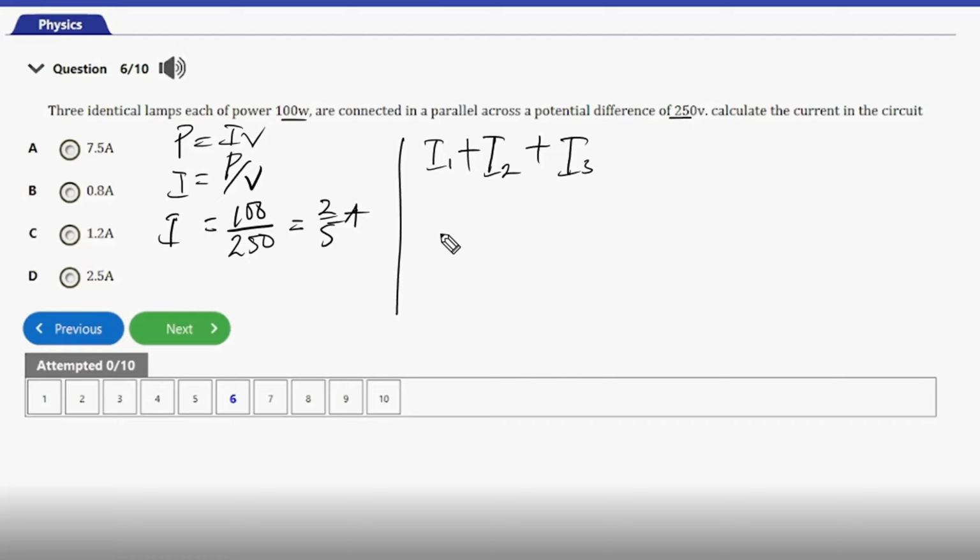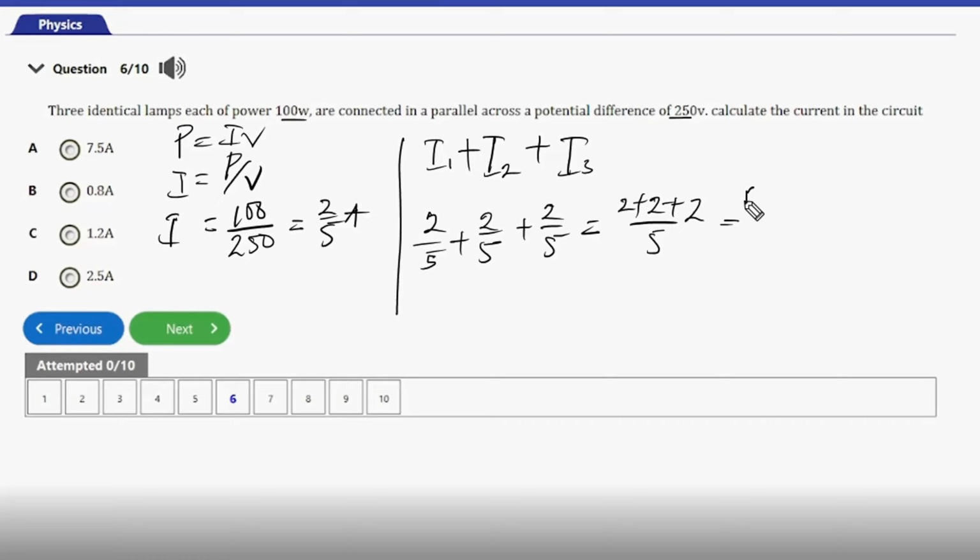So that will give us 2 over 5 plus 2 over 5. So notice that they are identical lamps, plus 2 over 5. So this will give us, the LCM of this is 5. So 5 over 5 is 1 times 2, that's 2. The same here, 2. The same here, 2. So that's equal to 6 over 5 here.